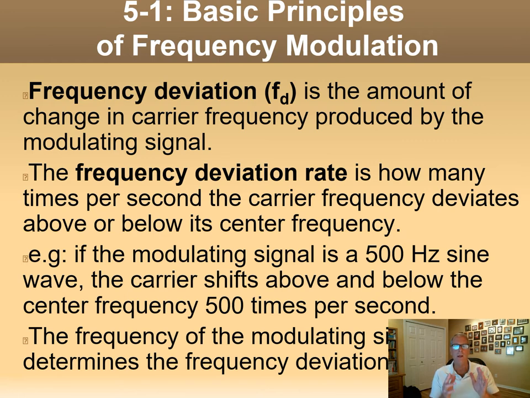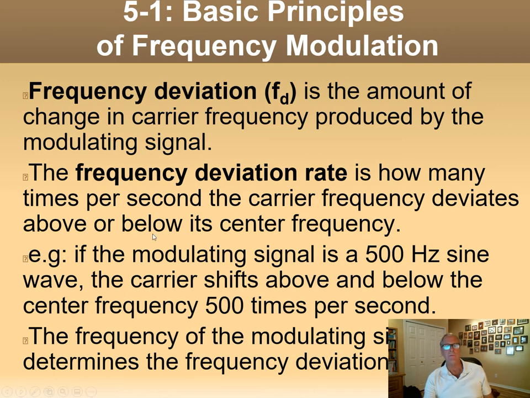So if you have a modulation frequency that is really fast, you're going to see this frequency deviation bounce back and forth very quickly. All right. But if the modulation frequency is very low, you're going to see that frequency deviation move very slowly. So there's a one-to-one correlation between that. So you have frequency deviation and you have the frequency deviation rate.